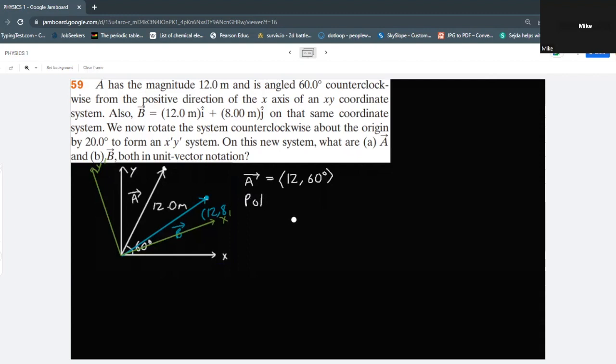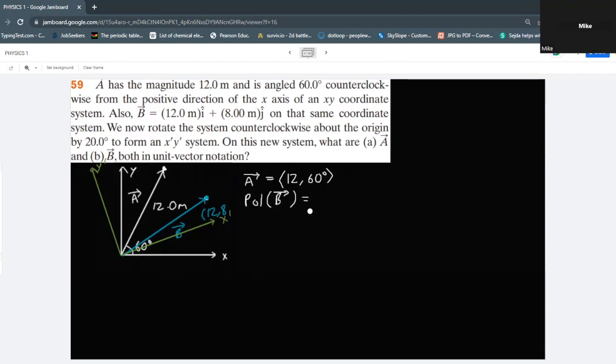Okay, so let me clarify: the coordinate system is rotated. The coordinate system is rotated.